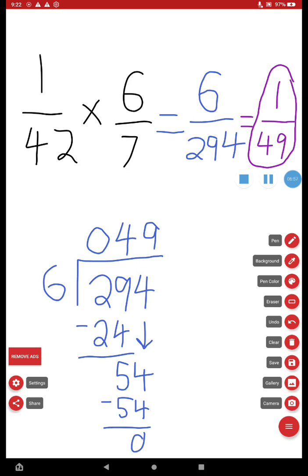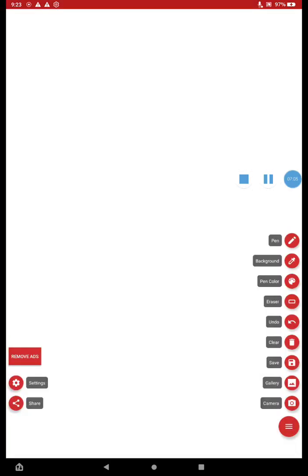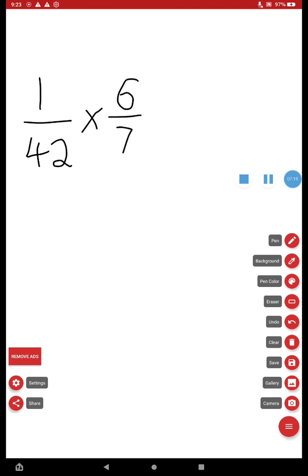Let's take a look at how to do this very same problem using the other method, where I simplify before I multiply. Okay, let's set up the same problem. 1 over 42 times 6 over 7.